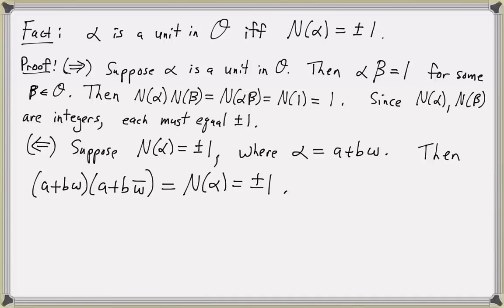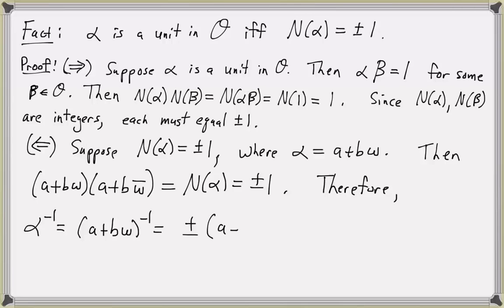So alpha, which is a plus b omega, times the element a plus b omega bar is equal to plus or minus 1. Therefore, the inverse of alpha must be either plus or minus a plus b omega bar.